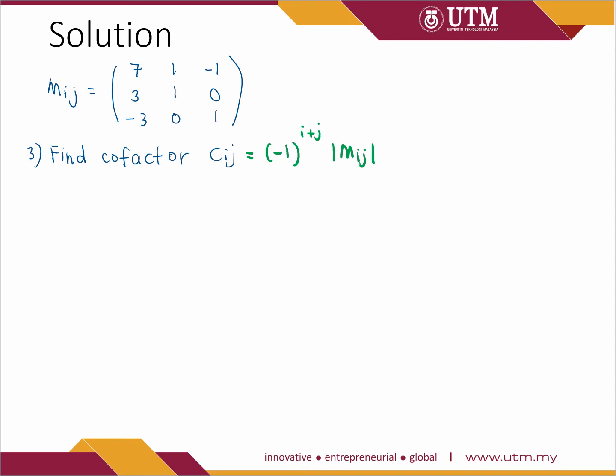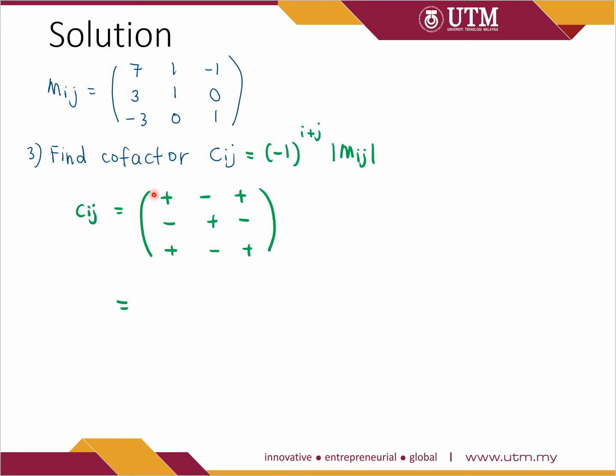So if we assign this sign matrix, our Cij should be positive, negative, positive. And then for the second row, start with negative, positive, negative. And for the third row, start with positive, negative, positive. So for our Cij, we multiply the sign here with Mij.